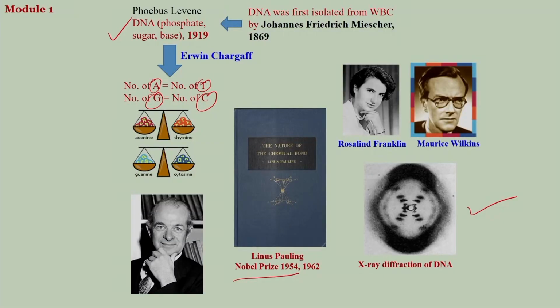So all the information that organic chemistry now stands upon is because of this book. And Linus Pauling received the Nobel Prize for this book and his work in 1954. So he was already a Nobel laureate, and he was in between. He is the first one who found out about the structure of proteins, the alpha helical structure of the protein, the beta sheet structure of the proteins.